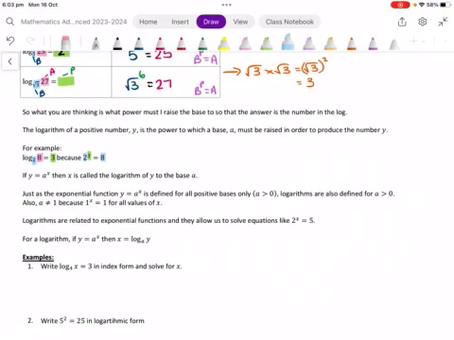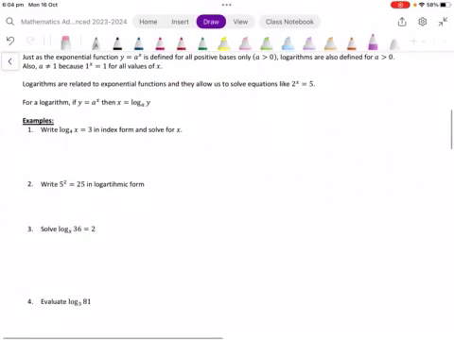So with our first example, we want to write log base 4 of x equals 3 in index form and solve for x. So we want to look at our log BAP, and you are going to get so used to this by practicing our logarithms here. We know that our 4 is our b for base, our x is our answer, and our 3 is our power.